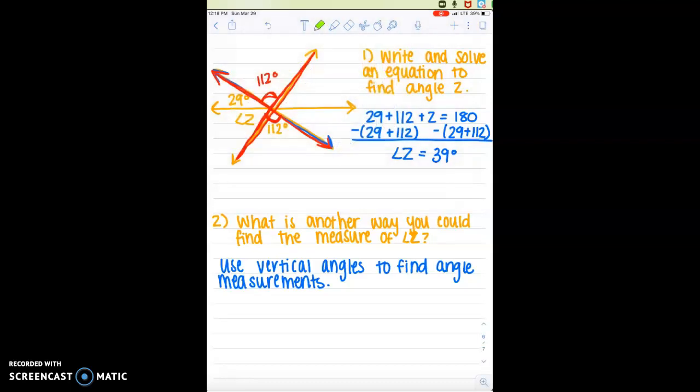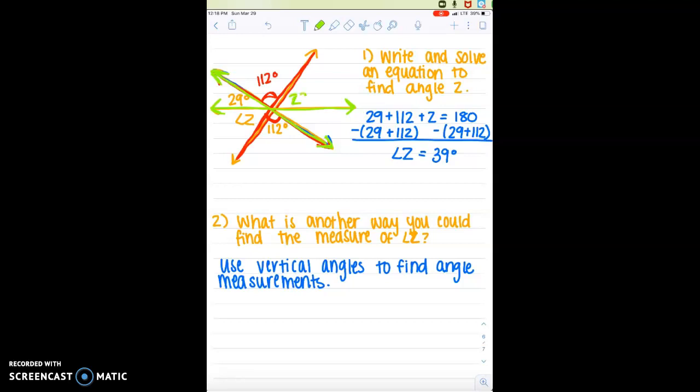Now the second set I'm going to outline in green. And as you can see, I now have a vertical angle that matches up with that 29-degree angle that existed right there.